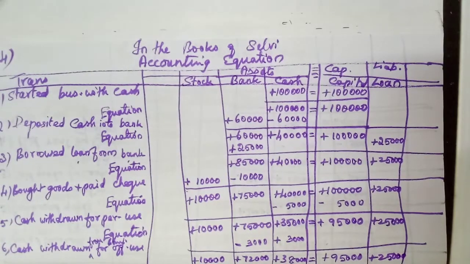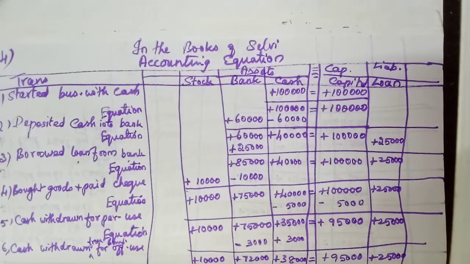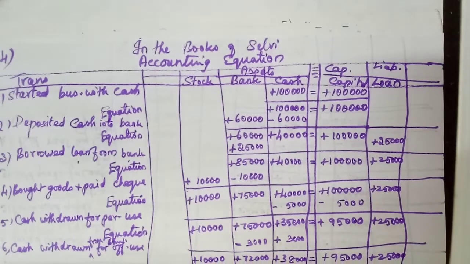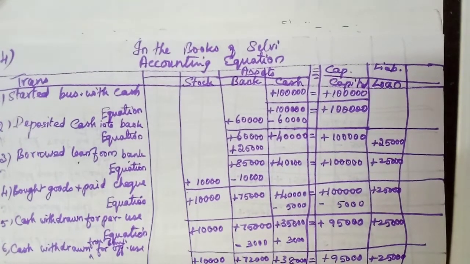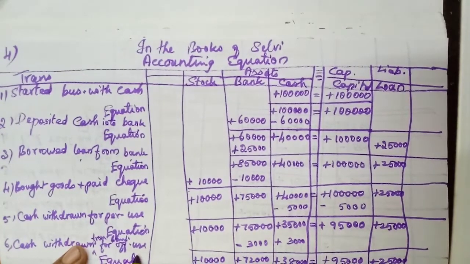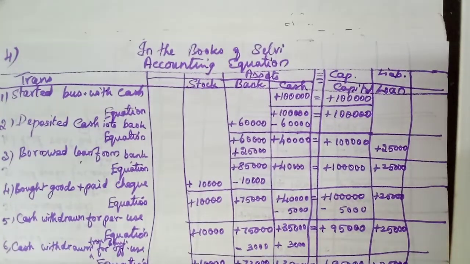Okay, so how much amount will we get? Total, if you need, you can add somewhere and check whether you have got the same amount on both sides. Okay, here you have to write the equation. That's all, you should draw a double line and leave. Okay students, we will see the next illustration.